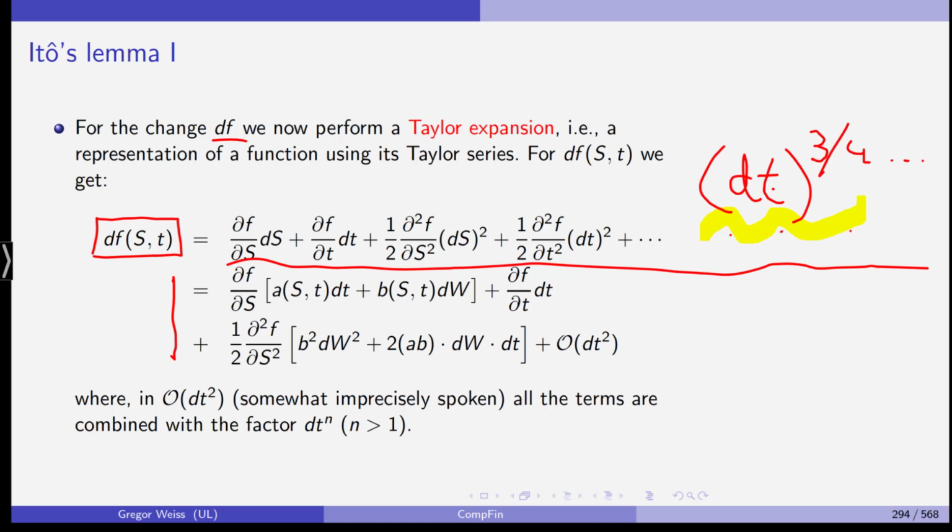So if you square it, if you take the third power and so on, this is close to 0. So everything that comes here is summarized in this. And in essence, you can say that this becomes 0 because simply everything is multiplied with dt taken to the second, third, fourth power and so on. So it will vanish. So what you get is this here.